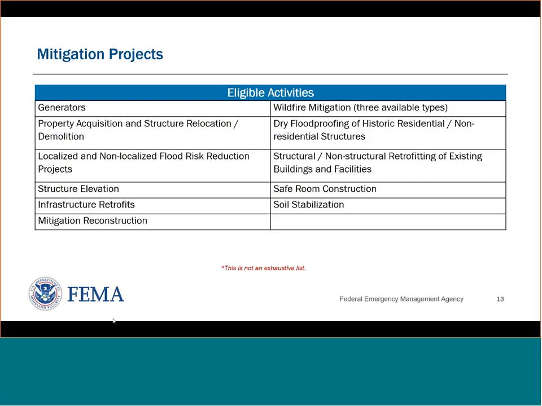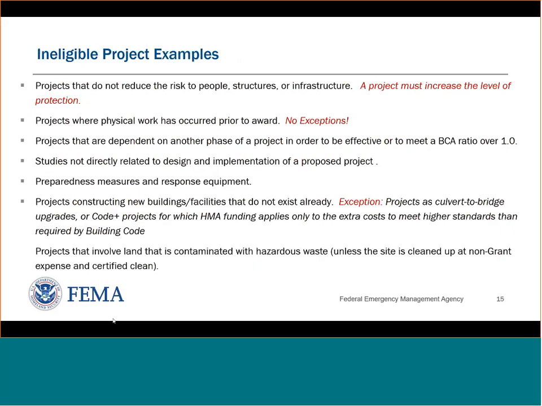These are some eligible project activities. Some examples are structure elevation, safe room construction, wildfire mitigation, generators, and property acquisition. And these are examples of projects that are not eligible. Projects that do not reduce the risk to people, structures, or infrastructure are not eligible.